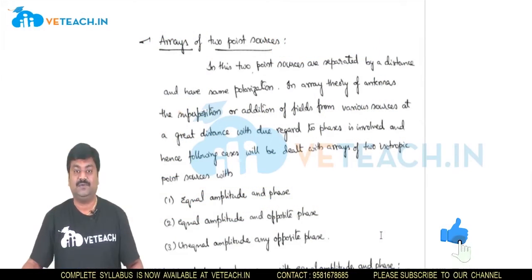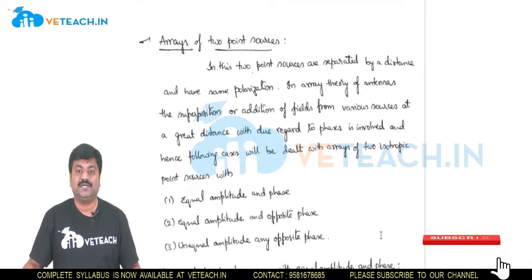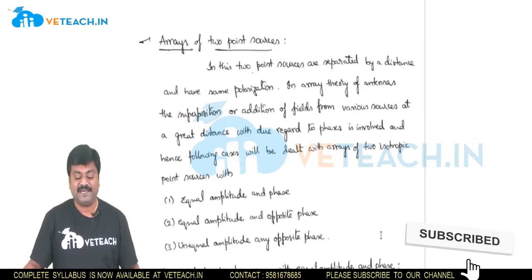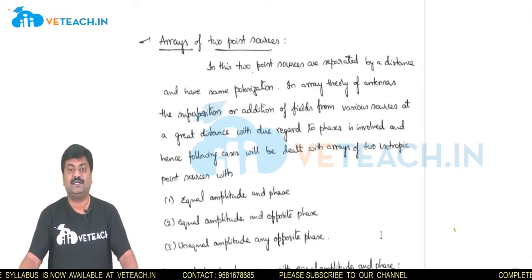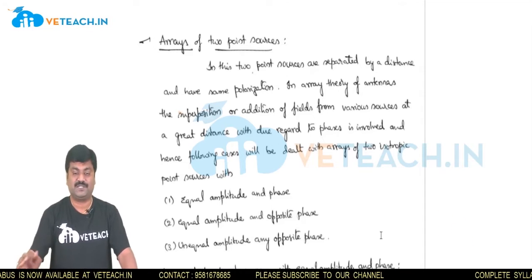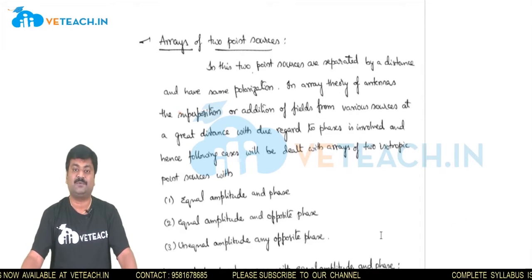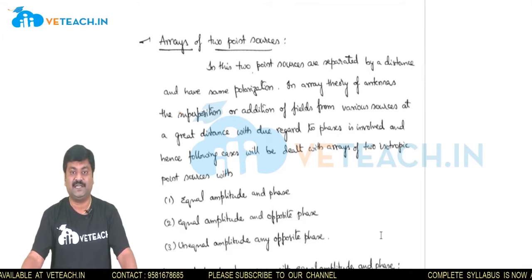Hi, welcome to B.Tech. In today's class, we will be dealing with antennas, arrays, and these arrays will be considered with point sources also. That is, n number of point sources could be forming an array.